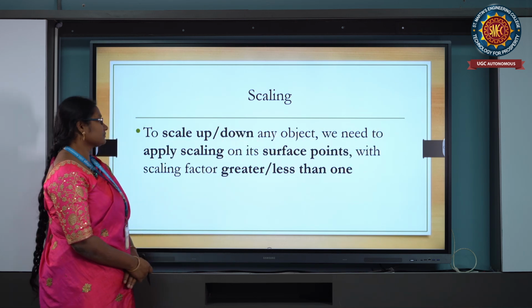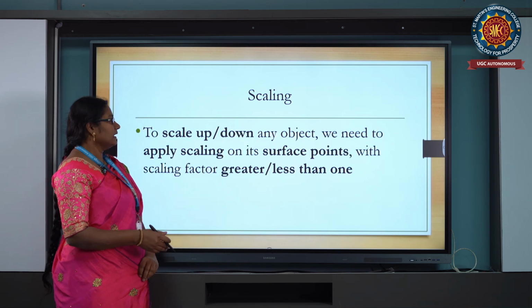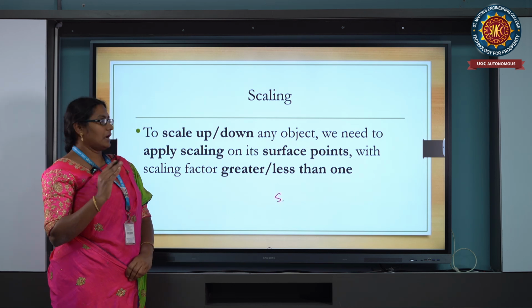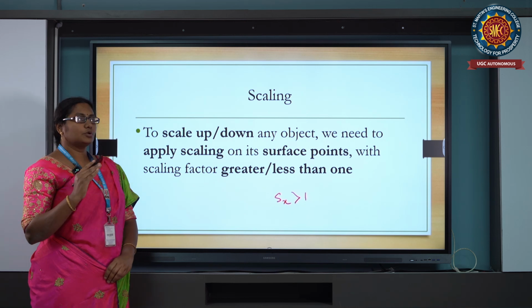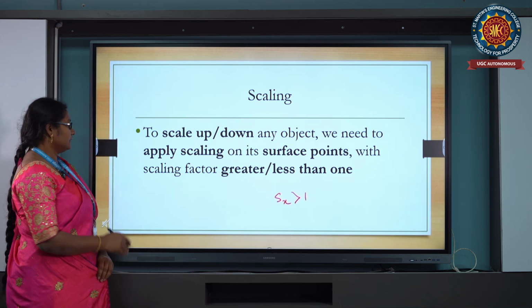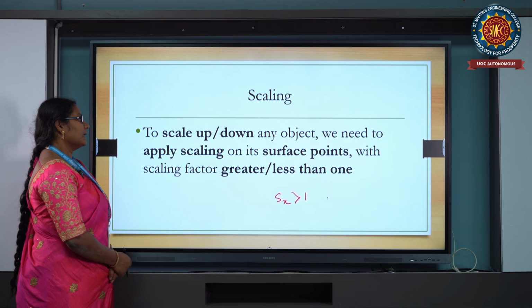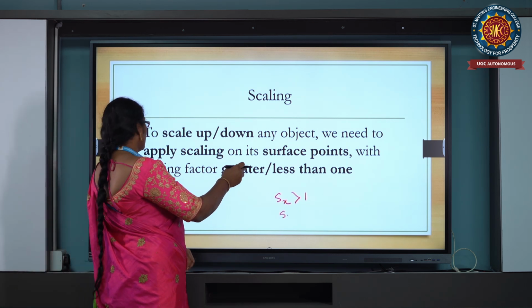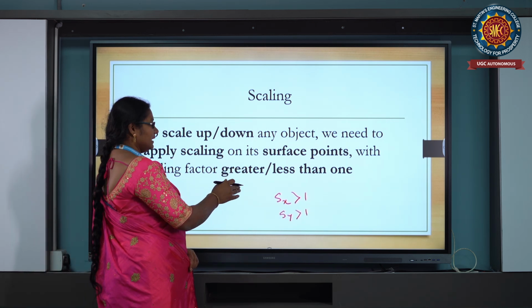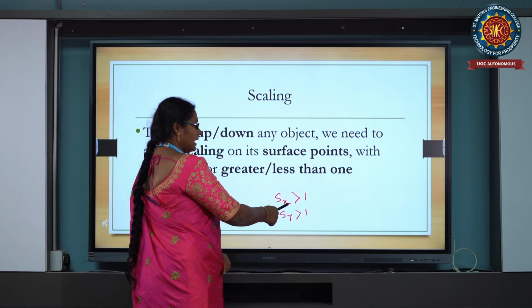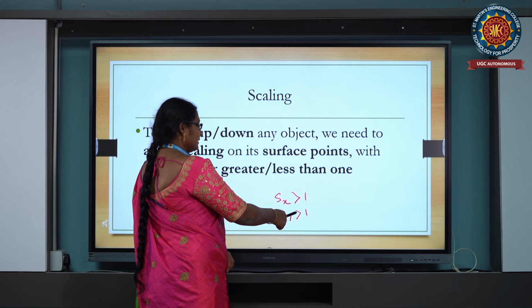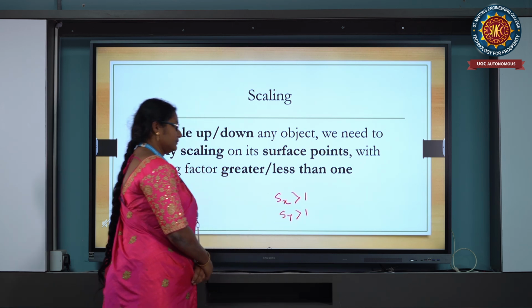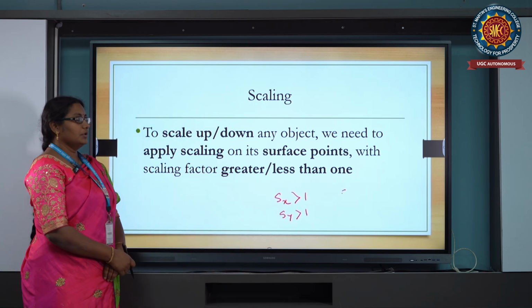Now you can scale the object up and down, or apply the scaling transformation to right and left. Apply this scaling on its surface point with scaling factors greater than 1, that is sx and sy are greater than 1.